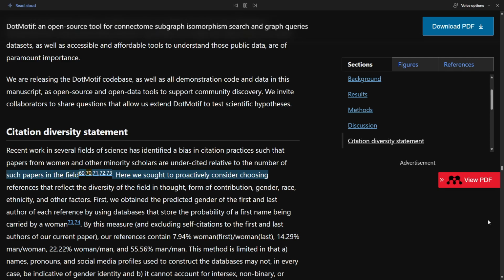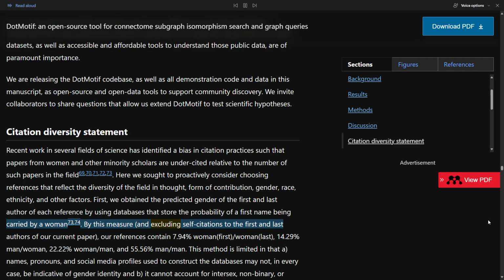Here we sought to proactively consider choosing references that reflect the diversity of the field in thought, form of contribution, gender, race, ethnicity, and other factors. First, we obtained the predicted gender of the first and last author of each reference by using databases that store the probability of a first name being carried by a woman.